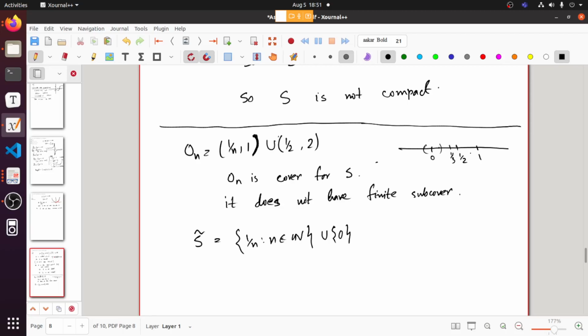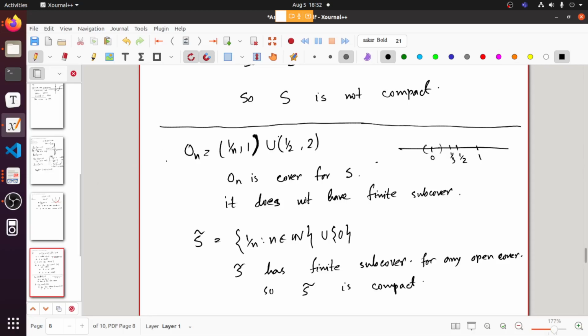And for the remaining you can take a finite number, right? Did you get it? So S tilde has a finite subcover for any open cover. So S tilde is compact, right? Yes, sir.